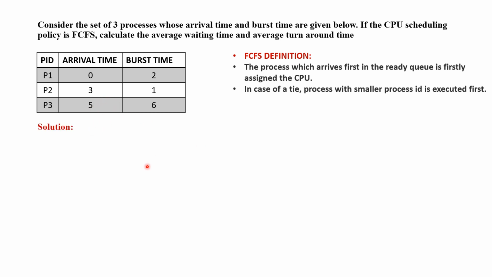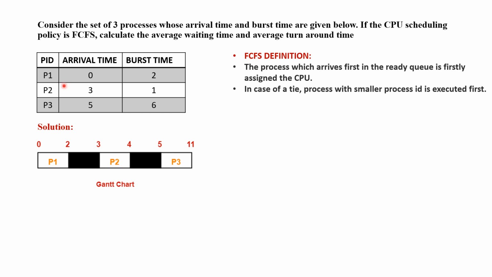Moving on to the solution, the first step is to draw the Gantt chart for this given scenario. The Gantt chart represents the arrival time and exit time of each process inside the CPU. At the 0th second we have only P1.